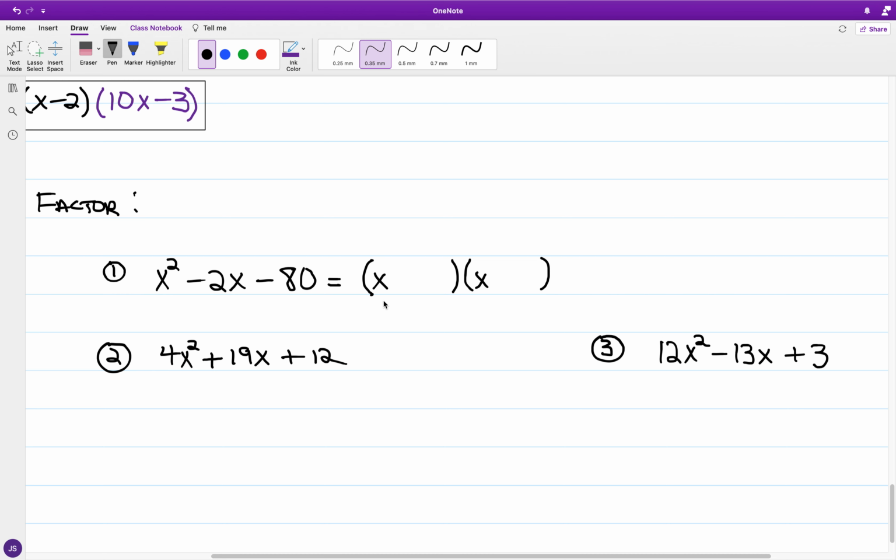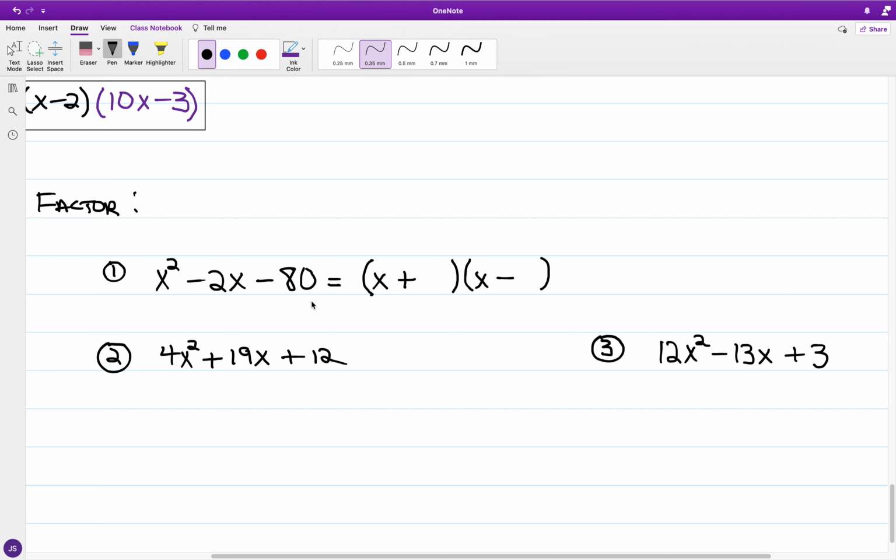And for the factors of negative 80 whose sum or difference will end up at negative 2, this is signaling that more weight will be given to the subtraction than to the addition.